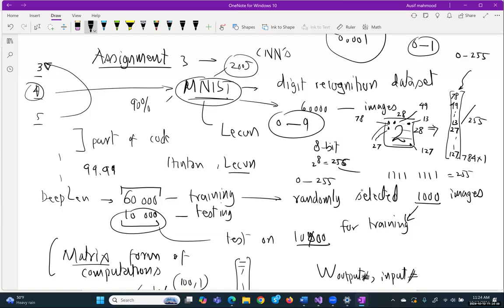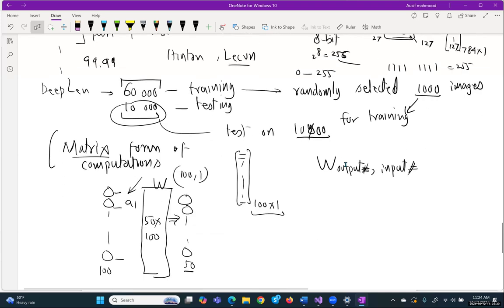So some may be 0.02, 0.035, 0.37, and the maximum will be 255, which will be 1, right? So typically we scale our inputs so that rather than being 0 to 255, they are in the 0 to 1 range. This is typical practice in creating networks for any kind of classification.